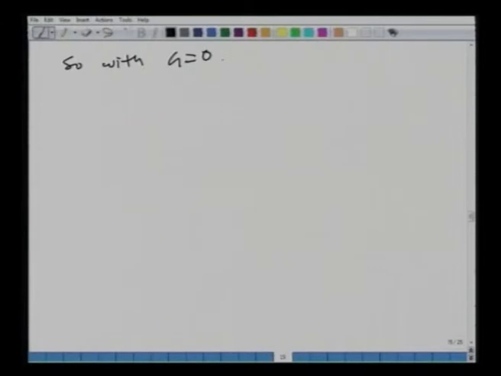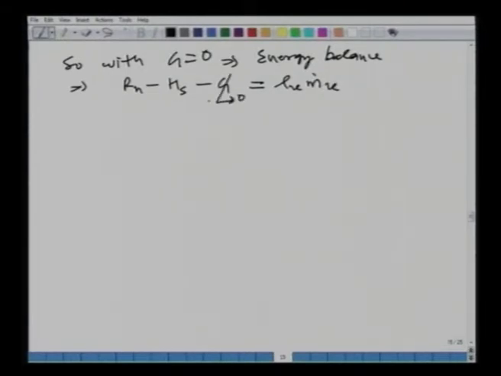So, your energy balance then looks like Rn minus Hs minus G is equal to Lv m dot V, and we say that G is equal to 0. And what is Lv m dot V? We have just said that it is beta times Hs, using the definition of the Bowen ratio.